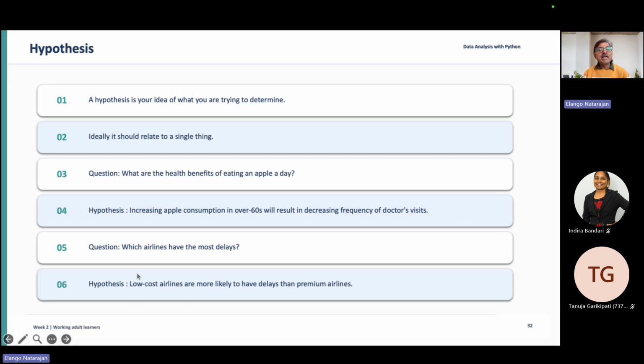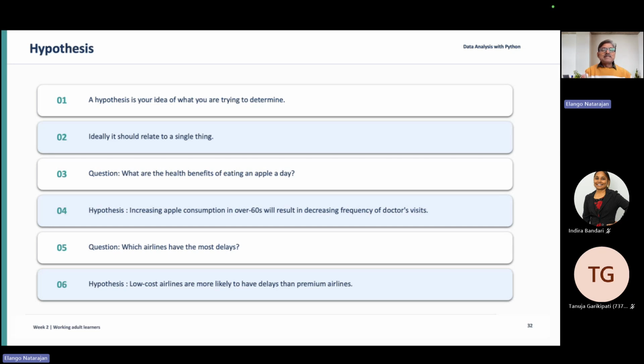Maybe I give you another example. Which airlines have the most delay? That's the question. So you can hypothesize that the low cost airlines will have more delays. That's your hypothesis. So you collect the data of different airlines across a period of time.